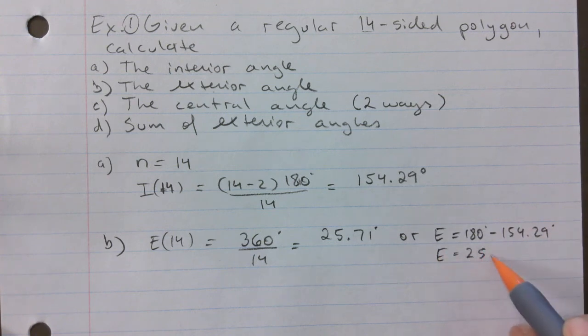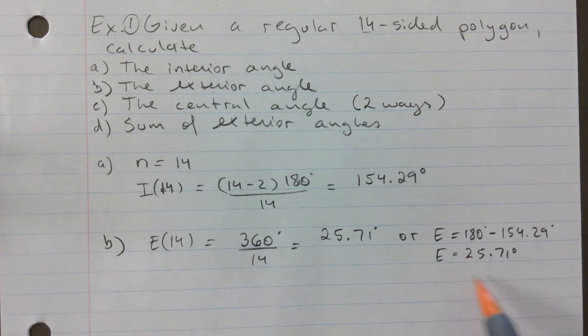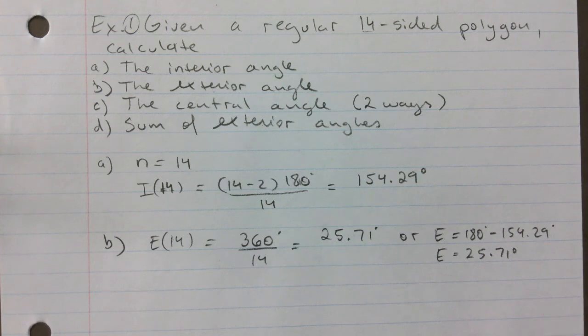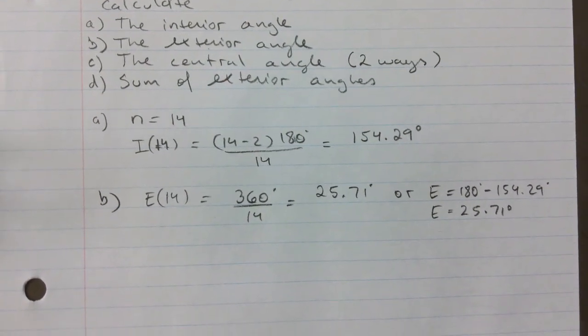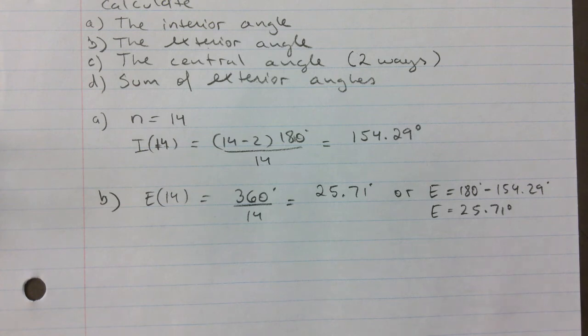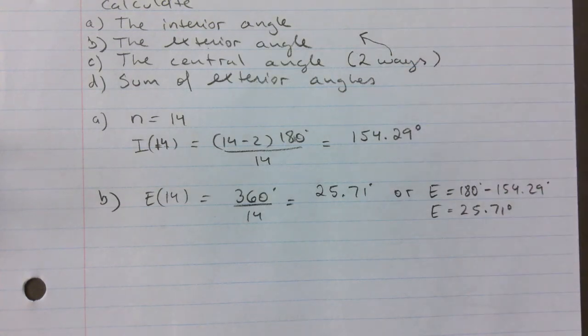And by the way, you could go the other way as well. If I gave you the exterior angle, you should be able to come up with the interior angle by just using this property here. Oh, sorry, this was supposed to be here. Oops. The central angle, there's only one way of doing that.